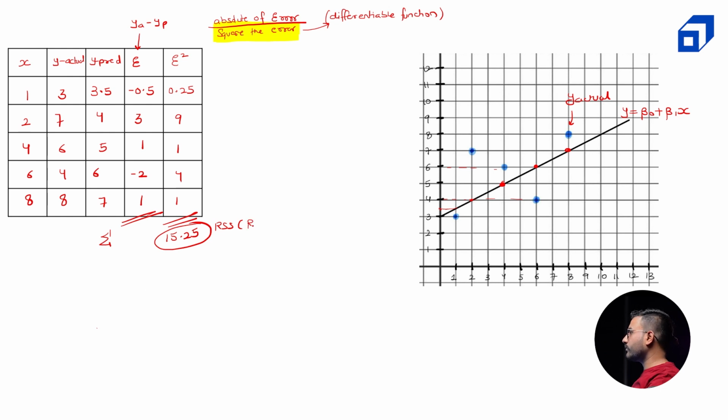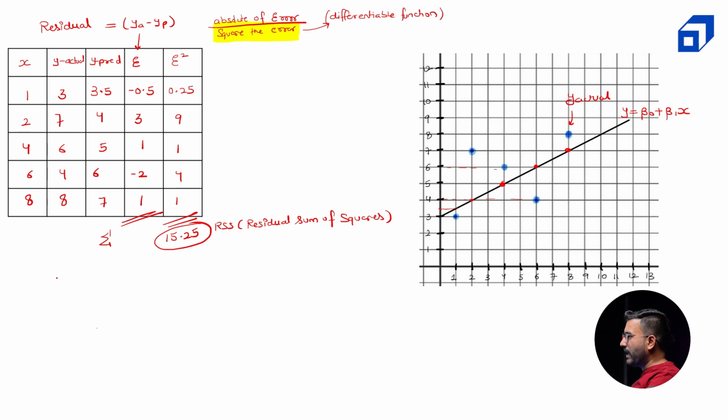Why residual sum of squares? Because this component ya minus yp, which is y actual minus y predicted, is known as residual. Now since we are taking the sum of their squares, it is known as RSS, residual sum of squares.